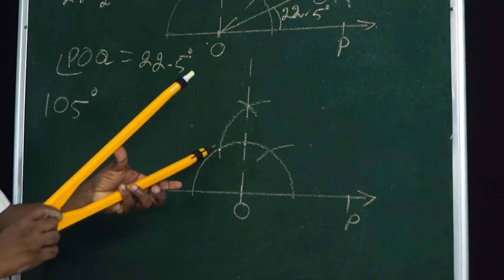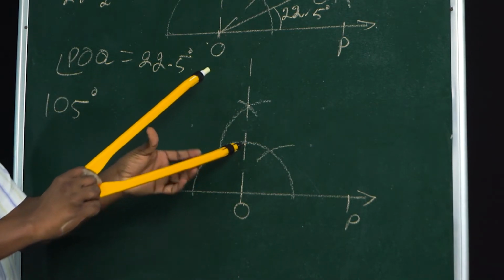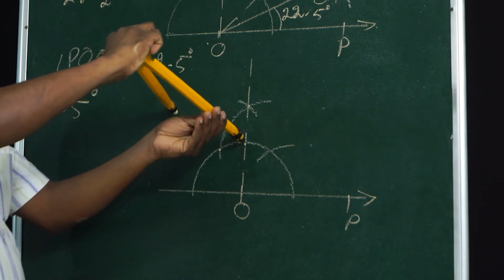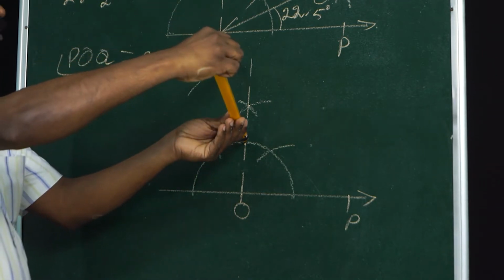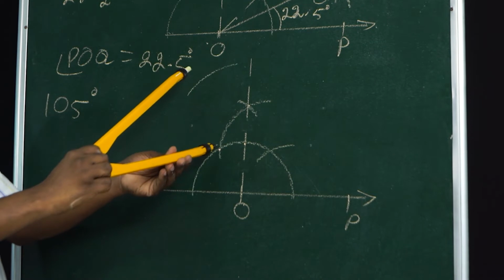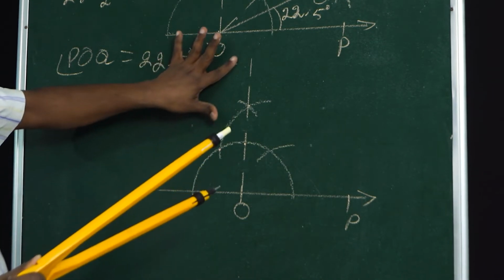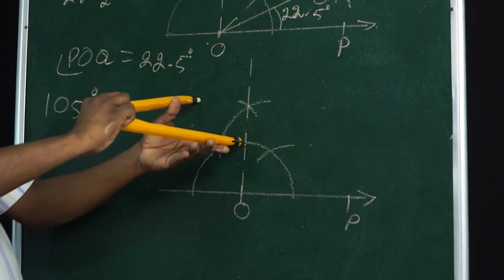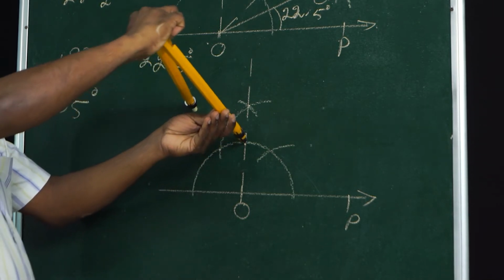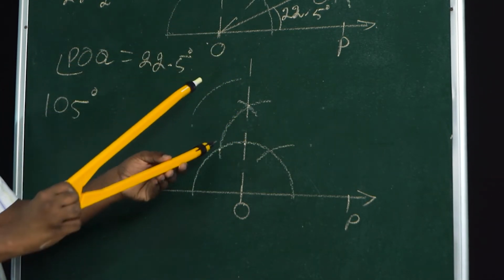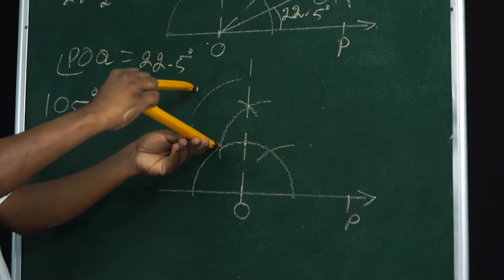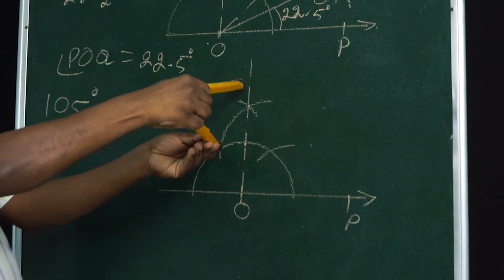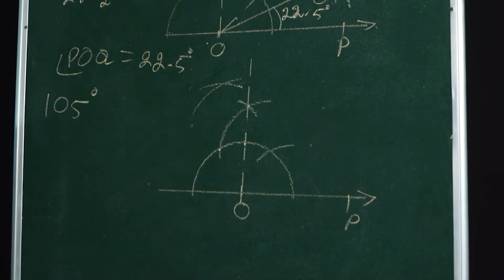105 degree. So keep the compass at 90 degree and draw one arc. After that, if it is going very close to the other number, bring it a little less. 90 degree and one arc. After that, from 120 degree another arc. Okay. Now, where both arcs are intersecting, give the dot and join them.